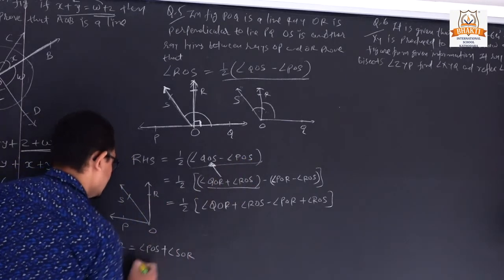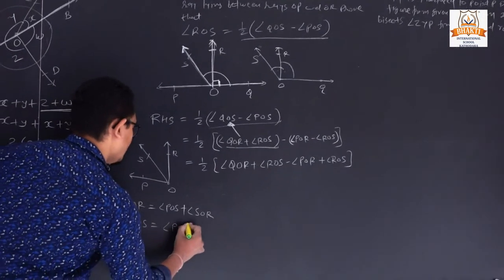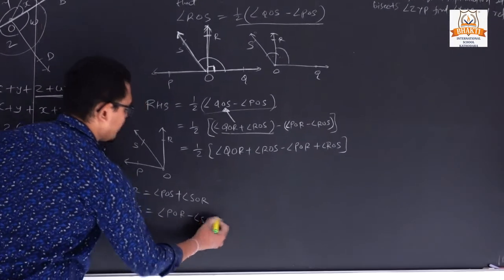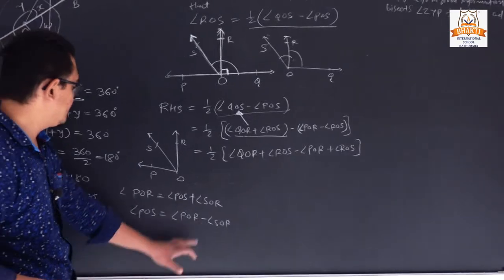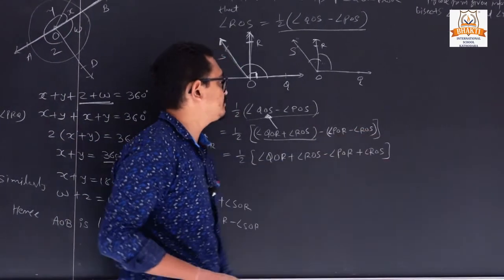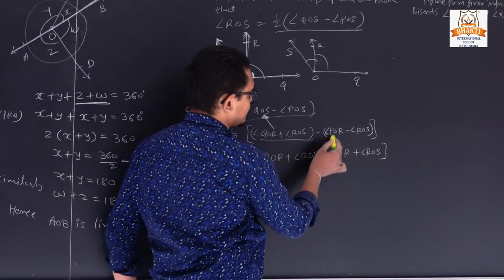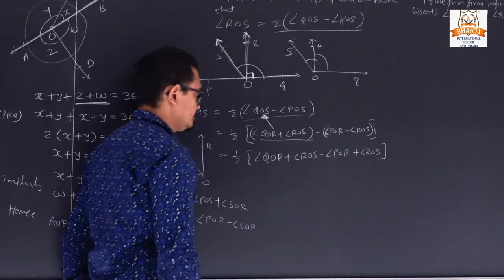So POS goes to the other side. So POS is equal to POR minus SOR or ROS, both will be the same. So POS is equal to POR minus ROS. Now simplify the bracket. So minus and minus become plus.